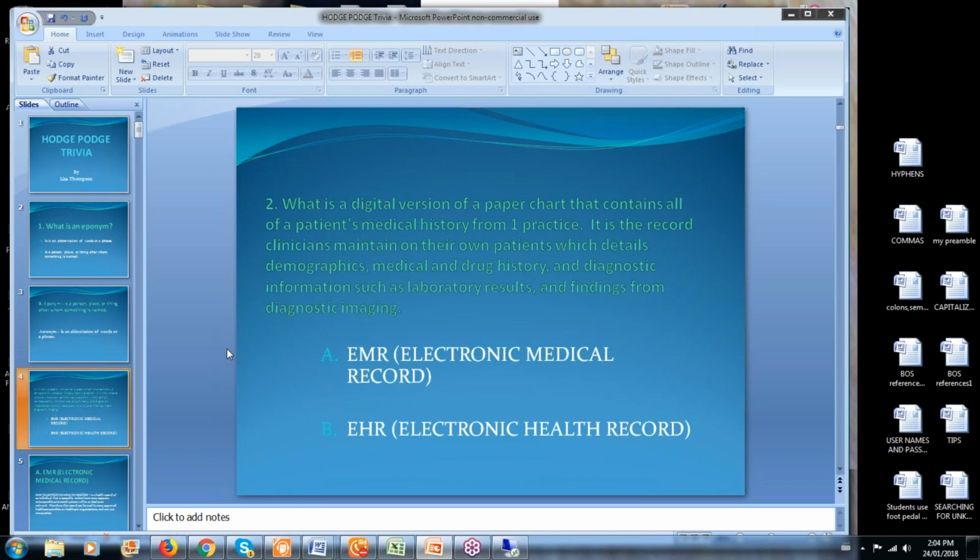It is the record clinicians maintain on their own patients, which details demographics, medical and drug history, and diagnostic information such as laboratory results and findings from diagnostic imaging. Is it A, EMR, as in electronic medical record, or B, EHR, electronic health record? So which do you think it would be?